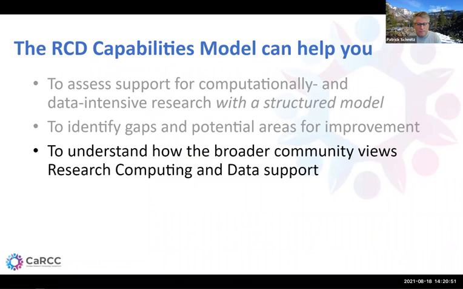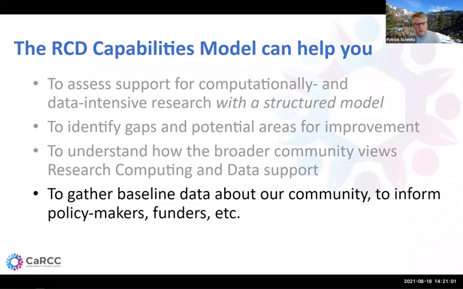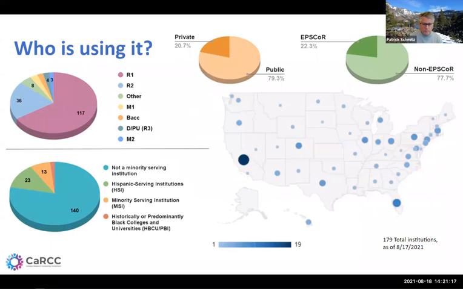The model itself was developed by a diverse group of institutions with a range of support models, and the assessment tool is designed for use by a broad range of institutions. The structured model shared across the community facilitates gathering a valuable data set for understanding broader trends, as well as patterns among subgroups, for example, emerging centers versus existing R1s and EPSCoR eligible institutions.